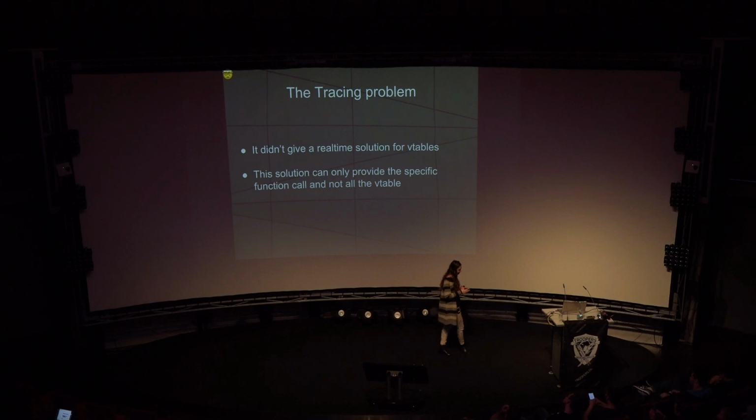Tracing might sound like a good solution, but it didn't give me a real-time solution. You need to finish all of the running and then manually save the file and parse it, and it's not what I wanted. It also gave me only the specific function that was called and not the whole Vtable. You can only see one function. So it created problems and didn't give me the whole solution that I wanted.